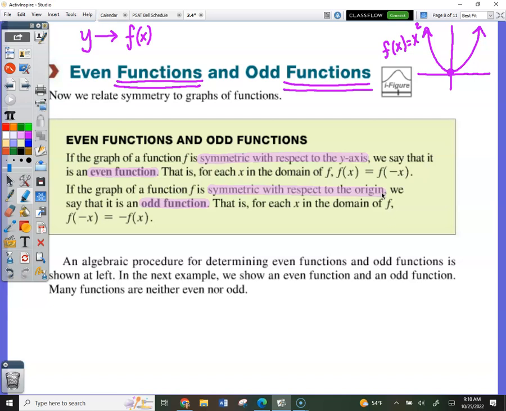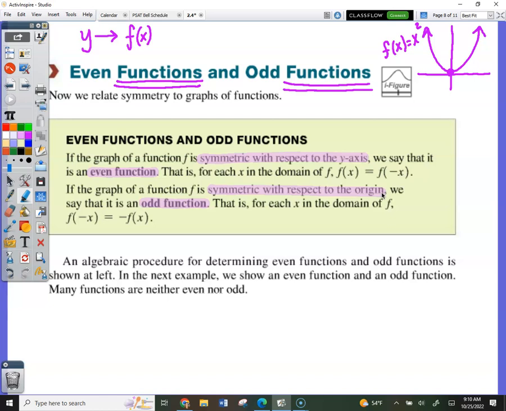Which symmetry did I not say? The x-axis. That's because any graph that's symmetric to the x-axis will not pass the vertical line test, which means it will not be a function, and we are only now discussing functions.